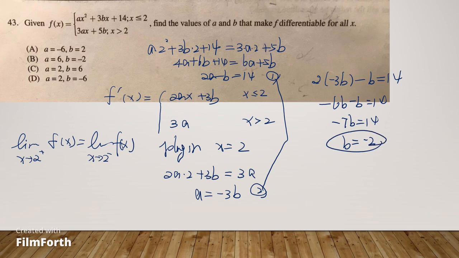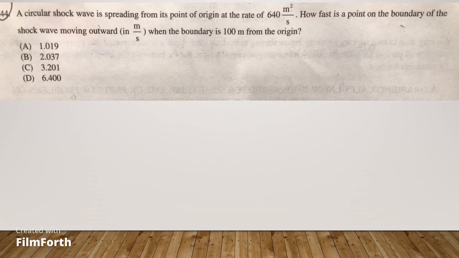Plug b equals negative 2 into the second equation and solve for a. So a equals negative 3 times negative 2, which is 6. So we should choose a equals 6, b equals negative 2, which is B.